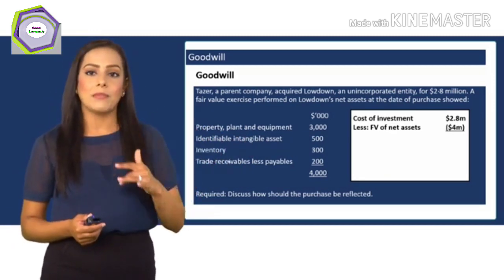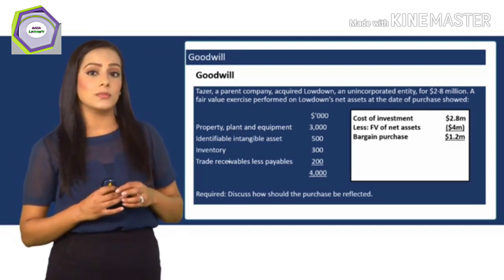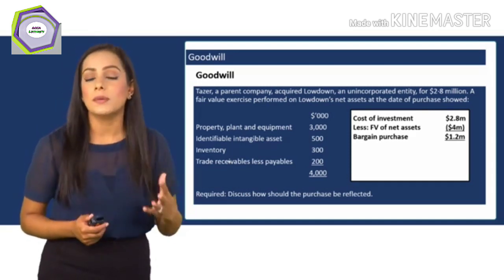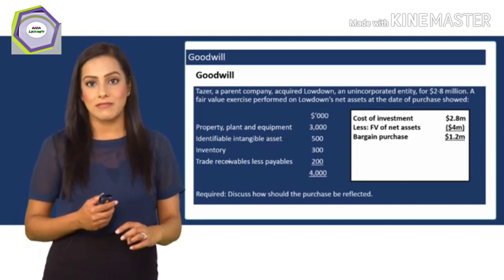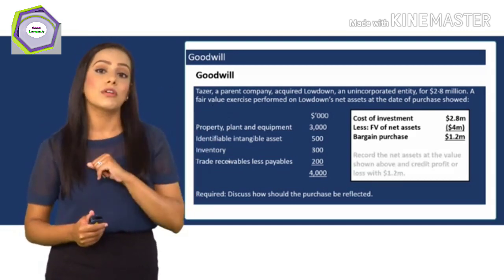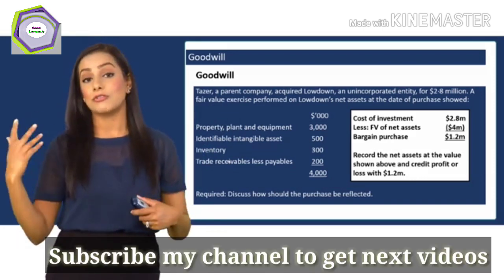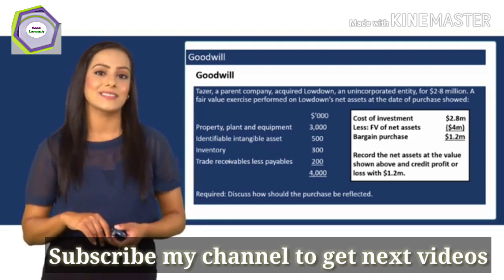So 2.8 minus 4, this gives you a negative goodwill of 1.2 million, which is a bargain purchase. So this 1.2 million represents the amount of money saved by the parent, and therefore this is going to be increasing the parent's profits by 1.2 million. And then eventually it will increase the parent's retained earnings when preparing the consolidated accounts.